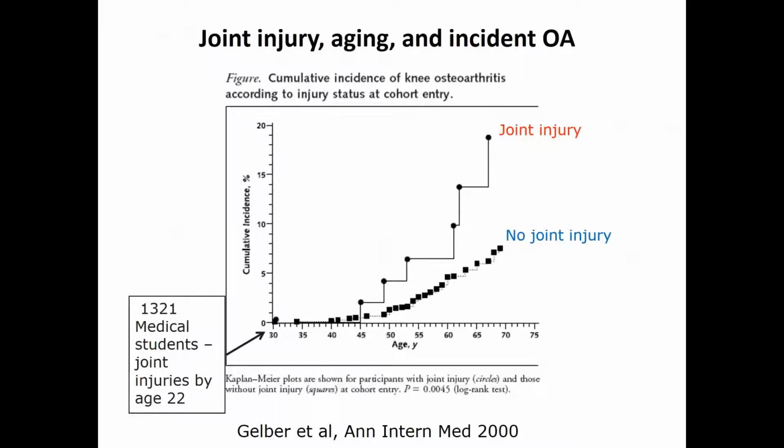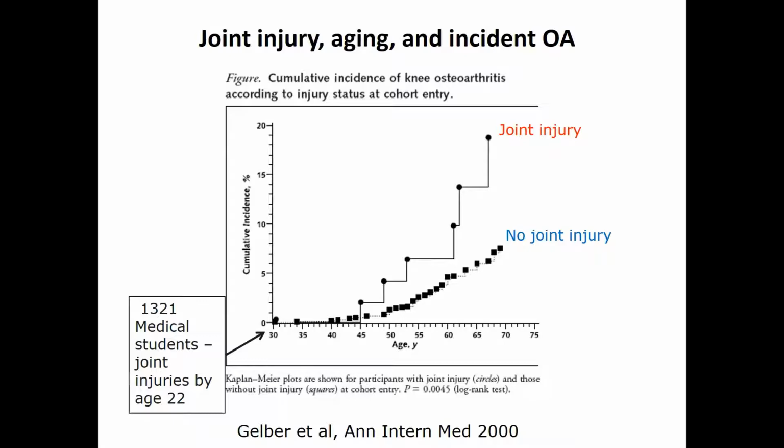Then some more epi data. This is an interesting study of medical students at Johns Hopkins that was started many, many years ago. And they did a survey and asked the medical students about a history of joint injury. And then they've been followed up over the years. And this is the cumulative incidence of symptomatic osteoarthritis.